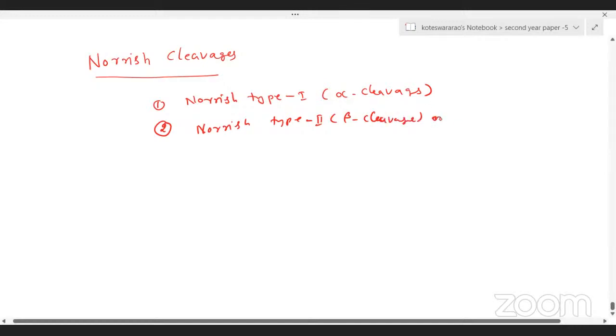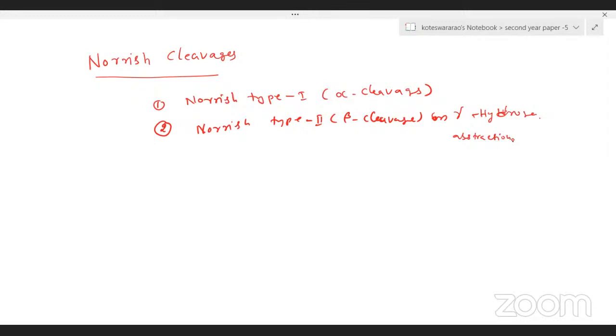or gamma hydrogen abstraction. Okay, these two types of cleavages are very important for carbonyl compound reactivity.